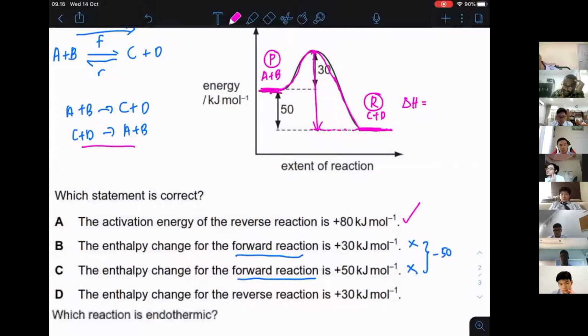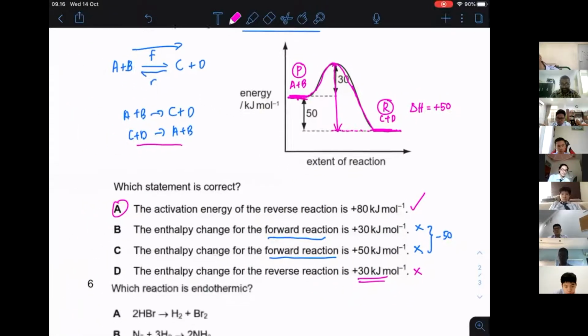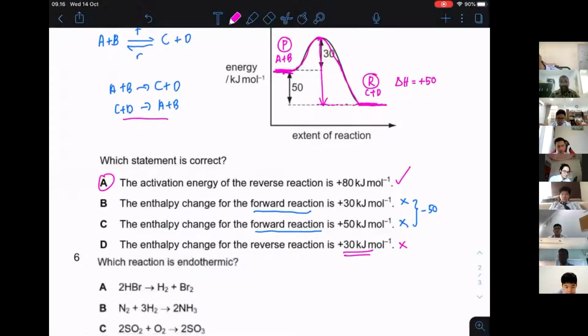Delta H is always from the reactant to the product, so it's going to be plus 50. So it's an endothermic reaction if it is the reverse reaction. So this is also incorrect because it's supposed to be positive 50. So the answer is going to be A. I'm just introducing this earlier so that you can get ready for the future, okay?